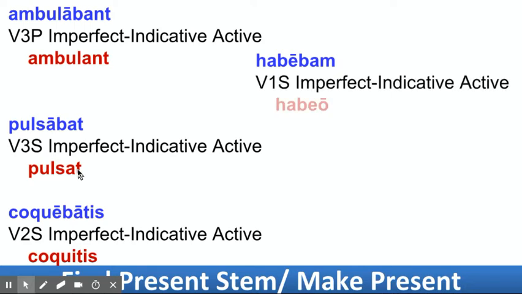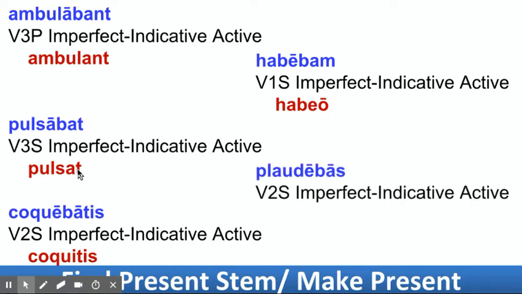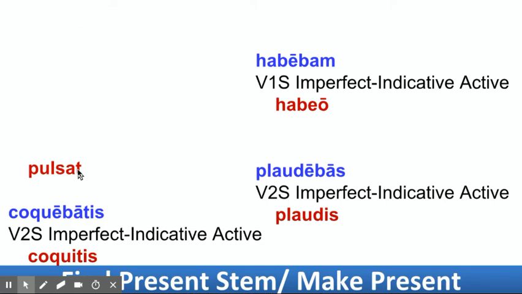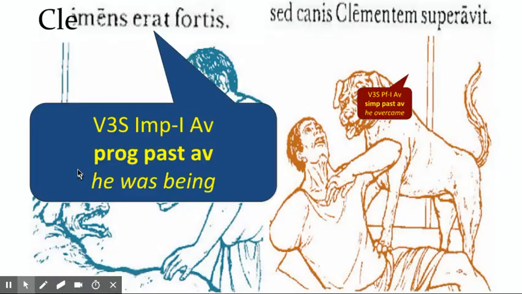Habebam, first singular, imperfect indicative, from habeo, I was having. Plaudebas, from the verb plaudeo, as in applause, you were clapping. So bam, bas, bat, bamus, batis, bant is the easiest thing to memorize.